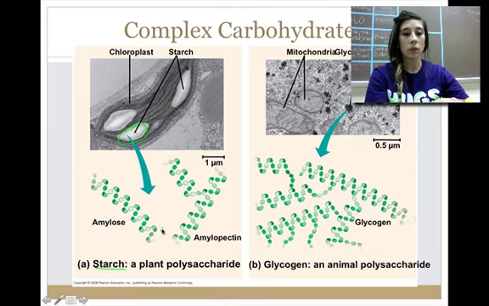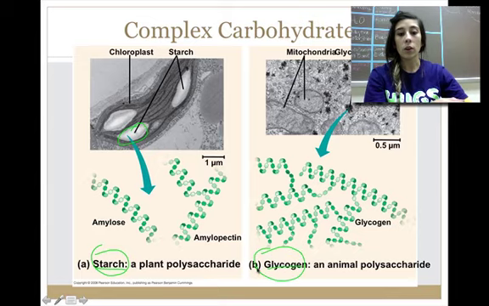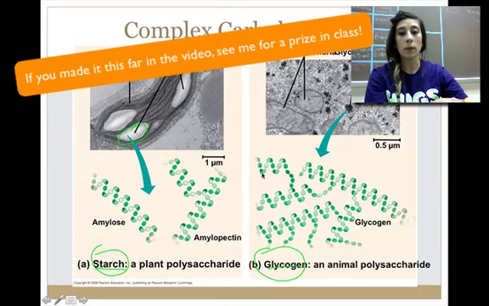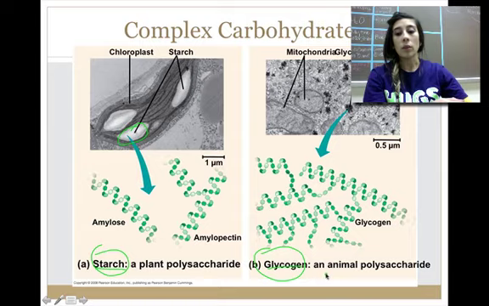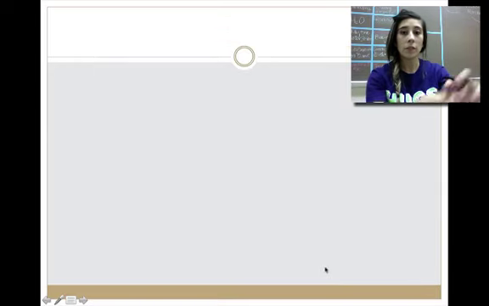And there's a couple of examples of what that looks like. And then over here, we have glycogen within the body. So remember that starch gets stored for plants. Glycogen is an animal's storage, and these are polysaccharides. Many monomers of carbohydrates stored together as a polysaccharide. And that's it for carbohydrates.